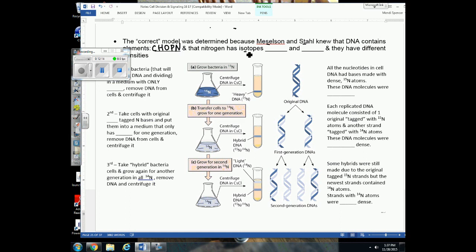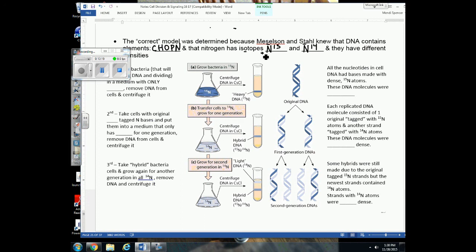Now, there are two different isotopes of nitrogen: nitrogen 15 and nitrogen 14. And 15 is more dense than 14. Now remember, the bases of DNA, adenine, guanine, cytosine, and thymine, contain nitrogen. So when DNA is being synthesized, if you only give the cells access to nitrogen 15, then that's the only thing they can build their DNA with.